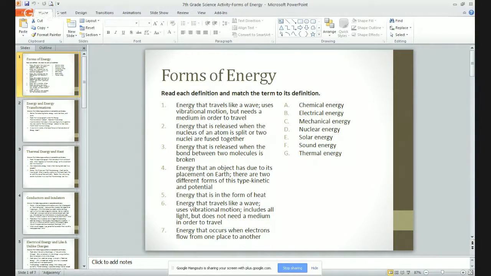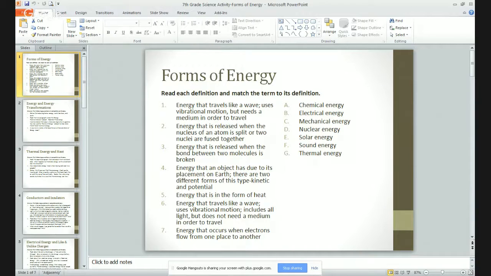So sound needs either air to travel through, or some sort of solid, like a wall, or some sort of liquid like water. Sound can travel through water, but it needs something there. It can't just travel through empty space. So that would have been letter F.